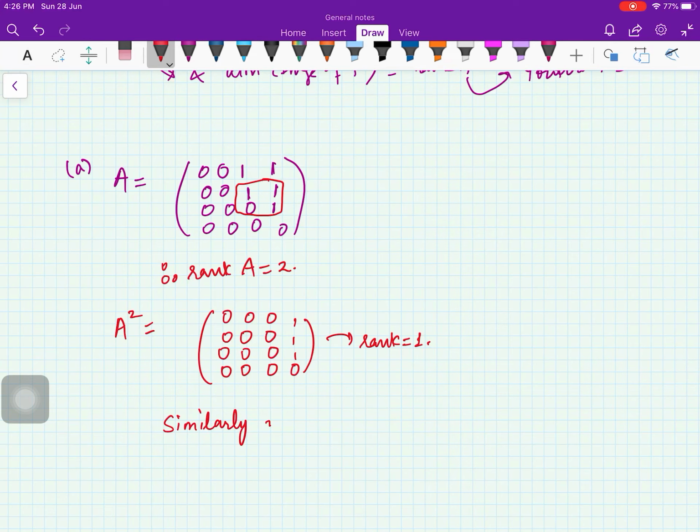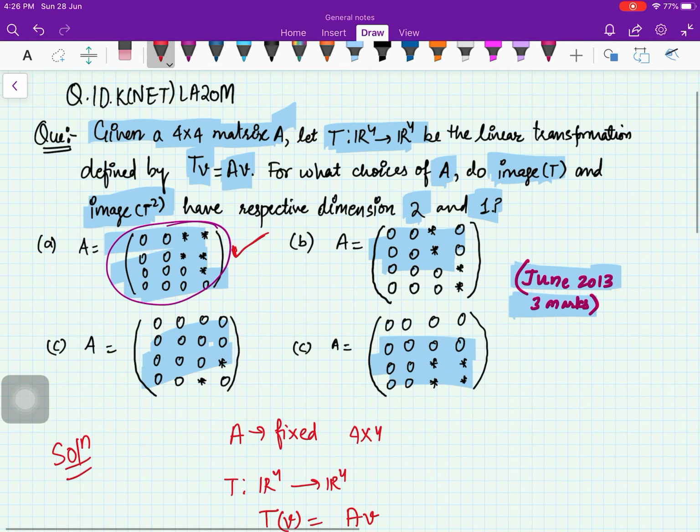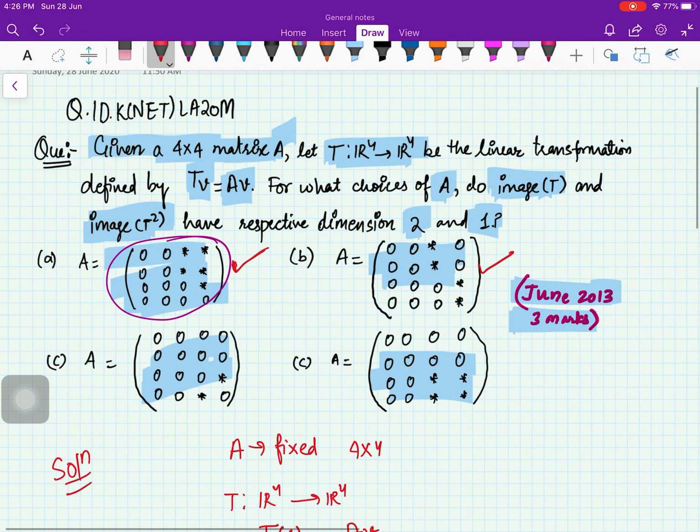Similarly, you do it for all the choices of A, and you will see options A and B are correct and the other two are wrong options. So the answer to this problem is option A and option B.